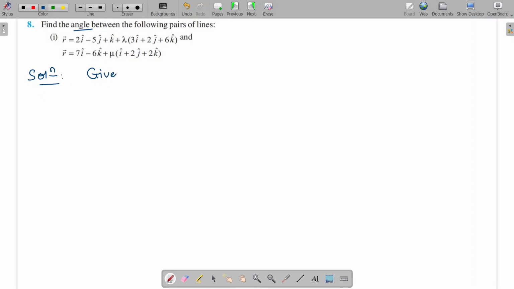So given is, so I'll denote the line 1 as L1. So L1 is r bar equal to 2 i cap minus 5 j cap plus k cap plus lambda times 3 i cap plus 2 j cap plus 6 k cap.